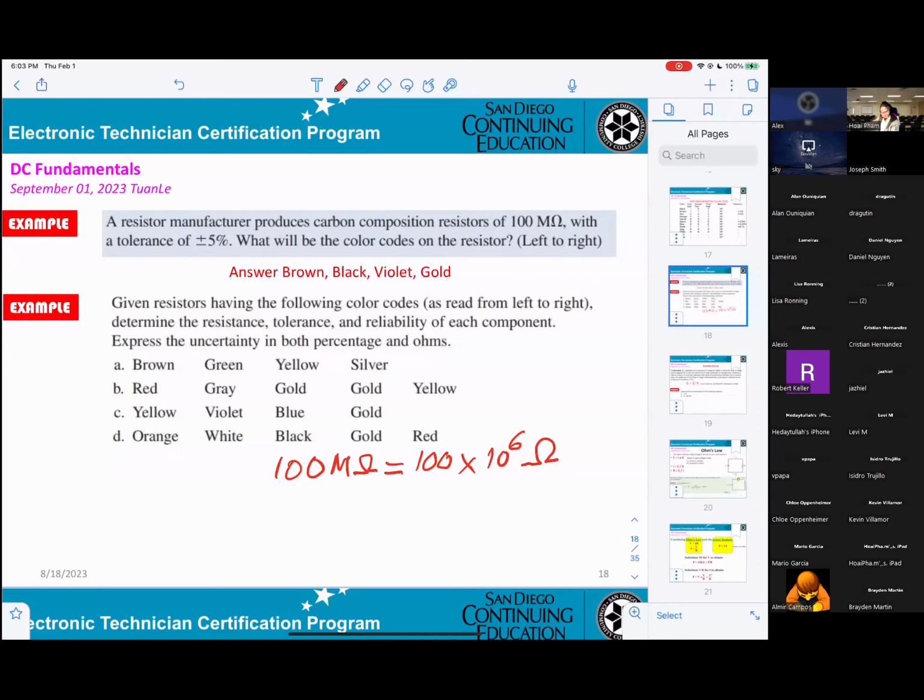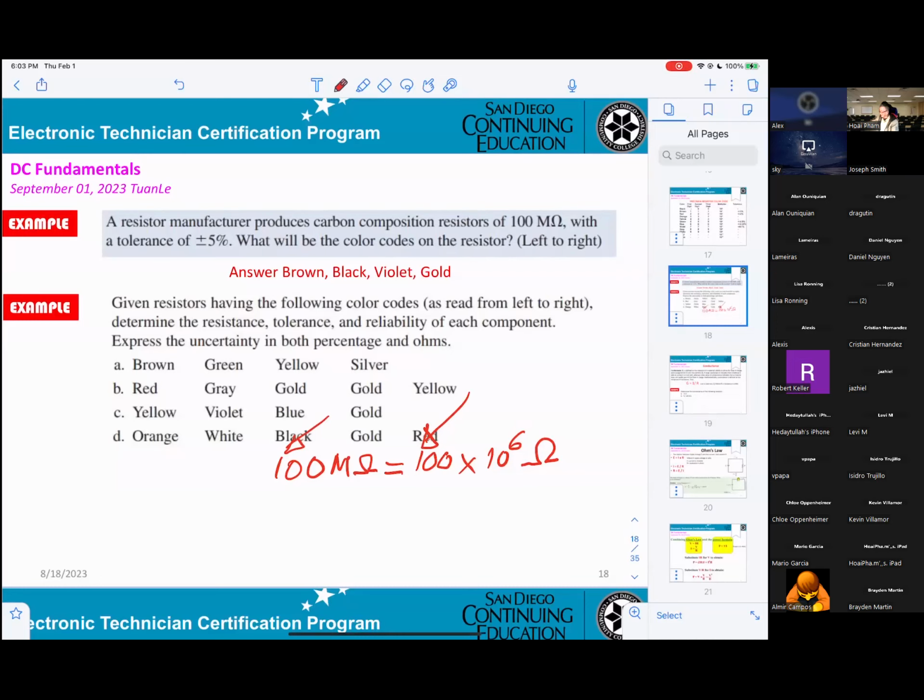So now, for the first digit, you want it to be number 1.